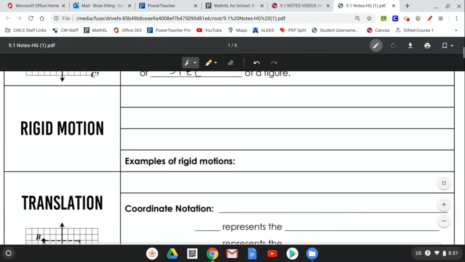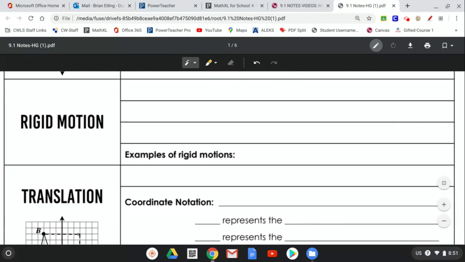Now for a rigid motion. Rigid motion. This is when any type of transformation that we have preserves the size and shape.